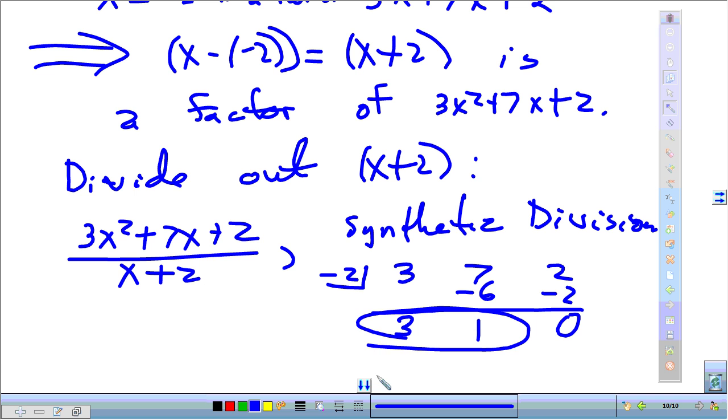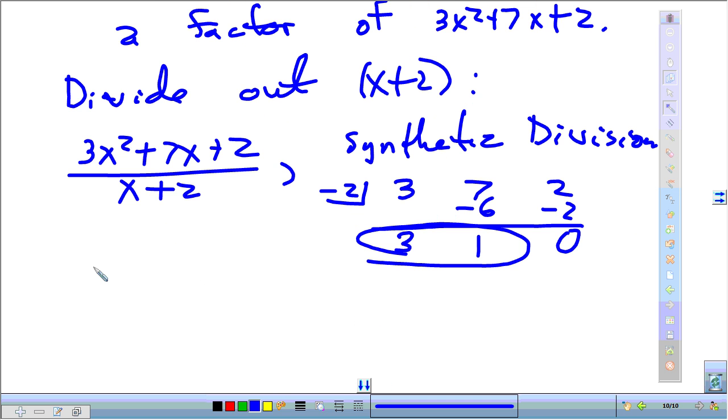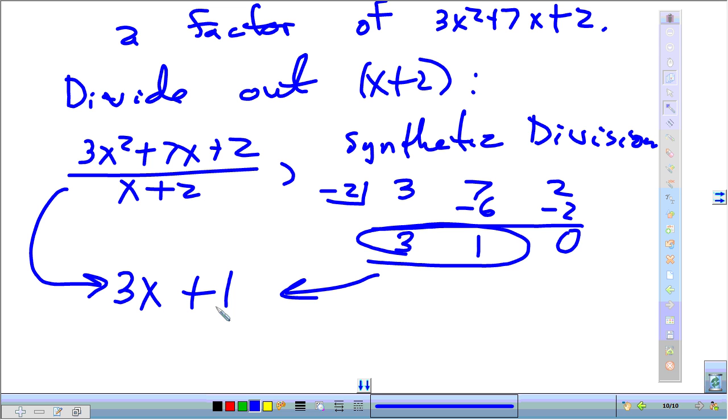Synthetic division gives me what's left once I factor. It should be 3x plus 1. So one way to divide is to just use synthetic division, and I get what's left after I factor out x plus 2.